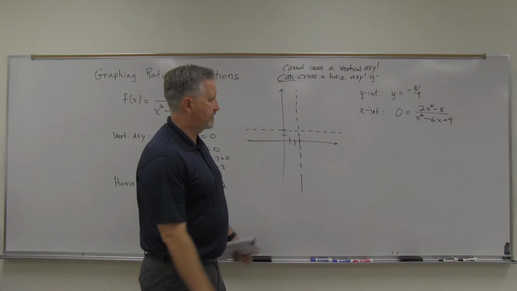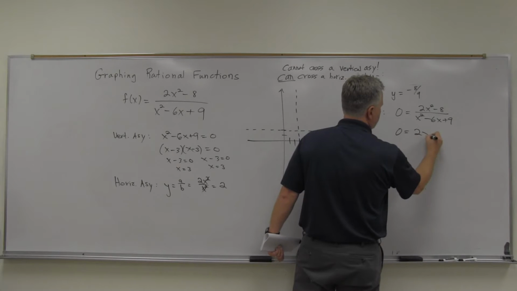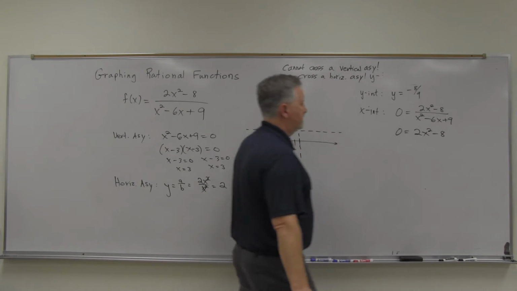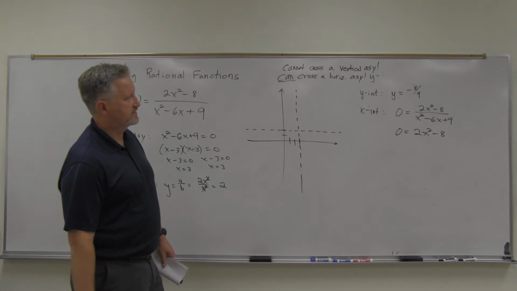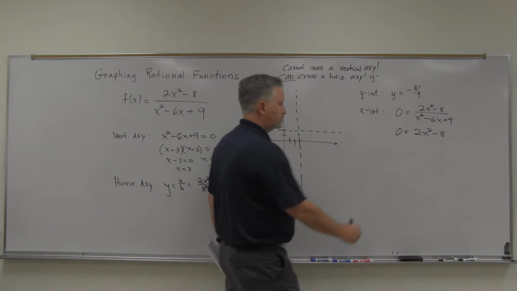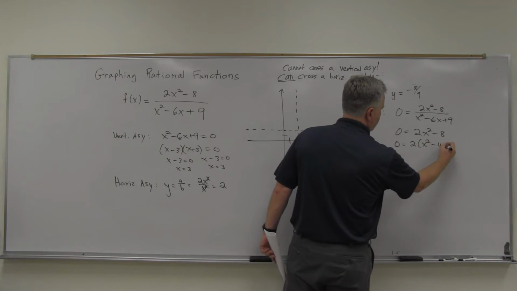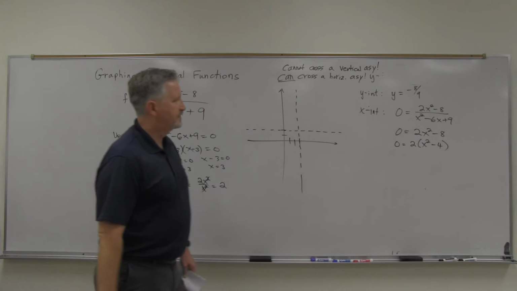Multiply both sides by x² − 6x + 9. It's really just solving 0 = 2x² − 8, which does factor.